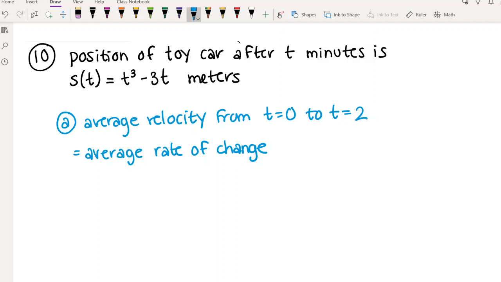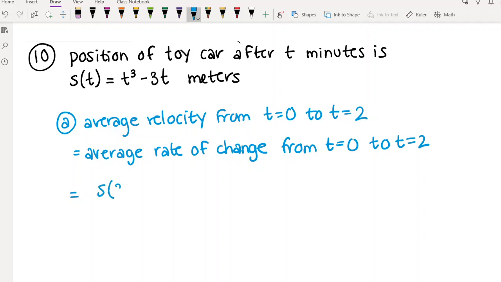Average rate of change in the case of a position function is the same thing as average velocity. So how do you find the average rate of change between two t values? You plug them into the function and find basically the slope of the secant line.